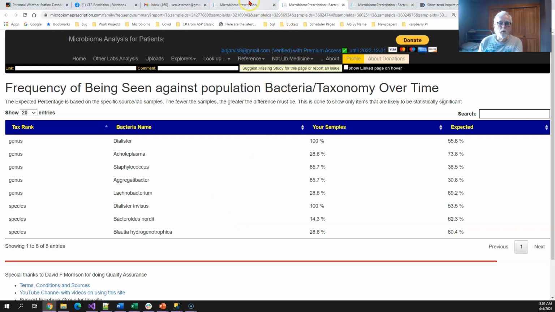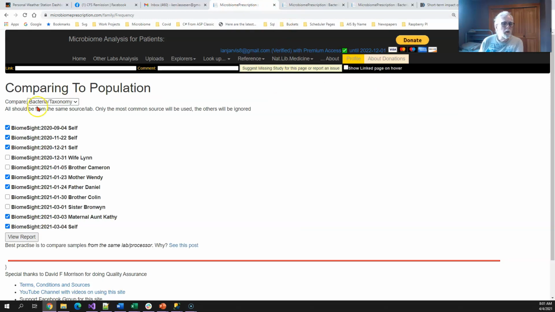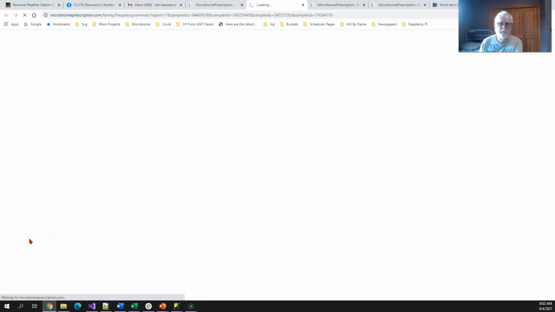If we could go back and do one last one, and what we could do is uncheck those, and what we're going to do is toss in the wife, exclude the parents, toss in the brother, the sister, so we end up with a much smaller sample, and let's see what happens.